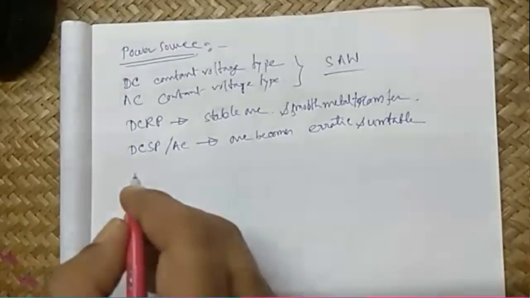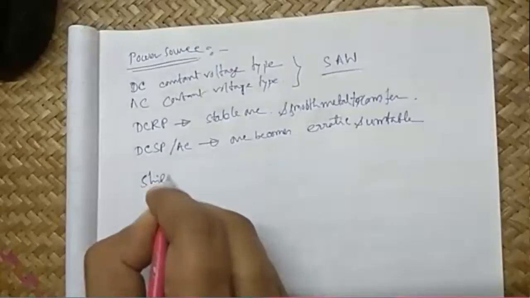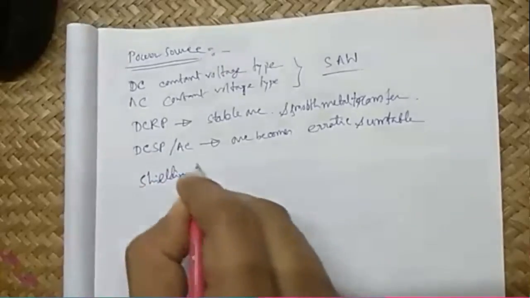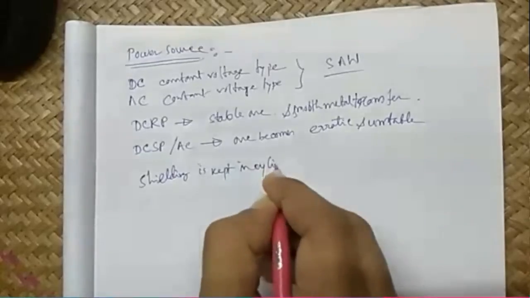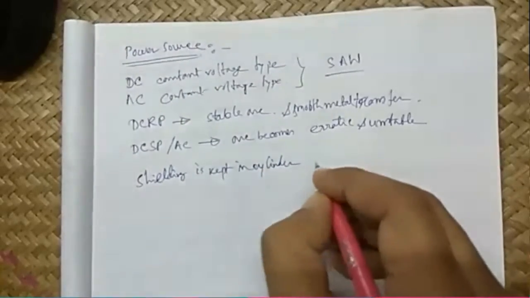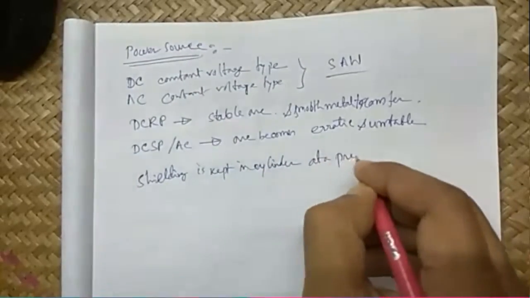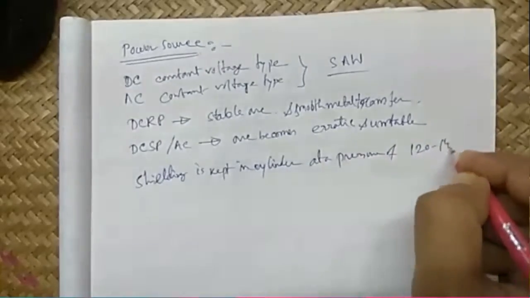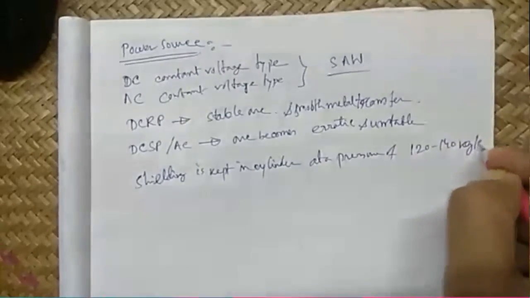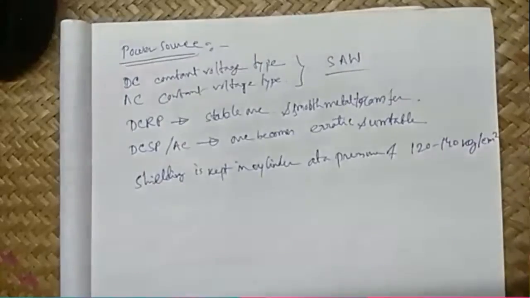Now the shielding gas is kept in cylinder at a pressure of 120 to 140 kg per centimeter square.